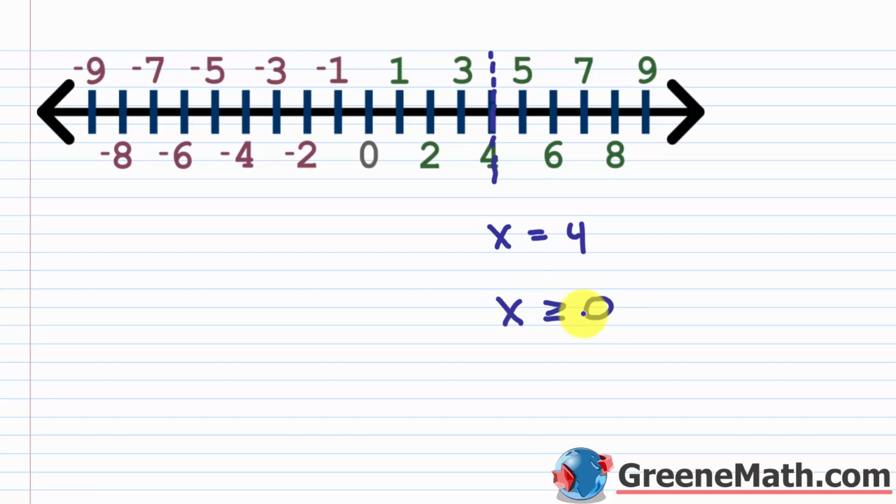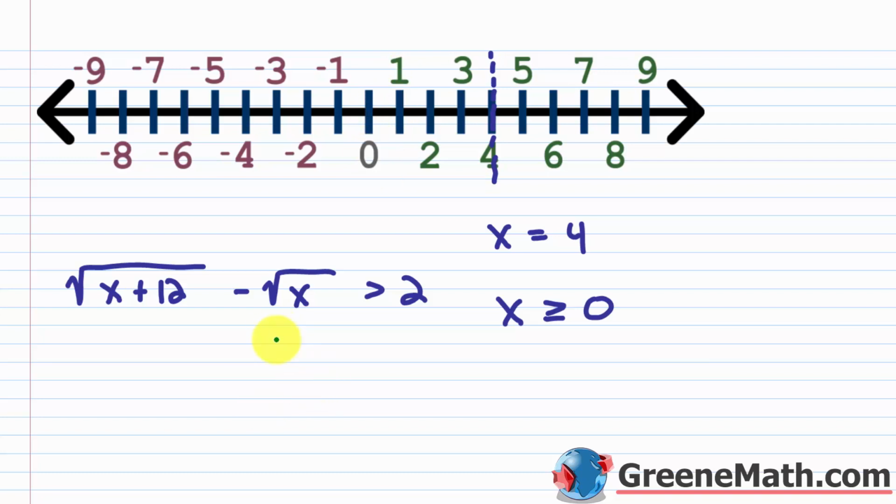So if I test values on the left side of 4, what would I get? Let's go ahead and rewrite our inequality. We have the square root of x plus 12, and then minus the square root of x. And again, this was greater than 2. I can choose anything I want with the exception that it has to be greater than or equal to 0, so it's got to be to the right of or equal to that 0 there.